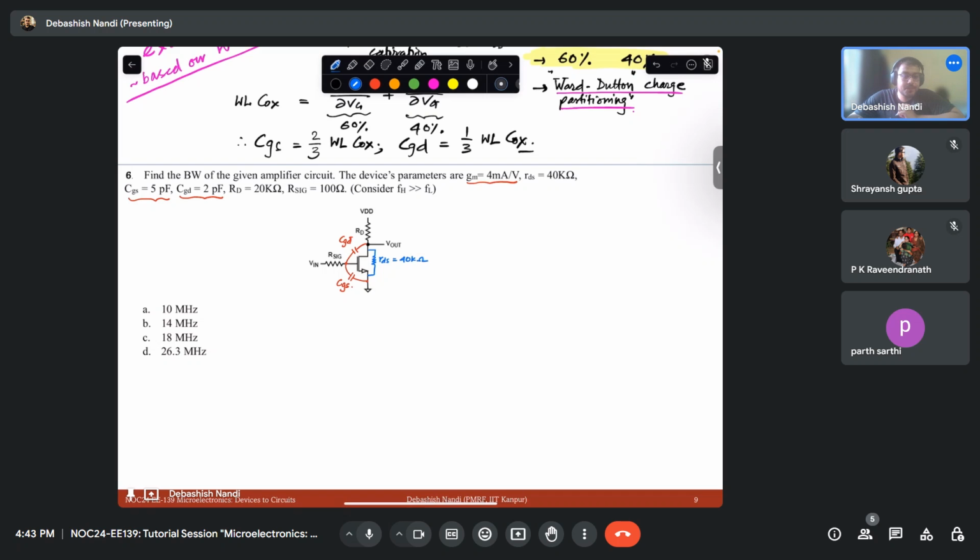So you need to find out the bandwidth. So how will you do that? Again, we go to the small signal representation. Let me show you a different kind of small signal representation.